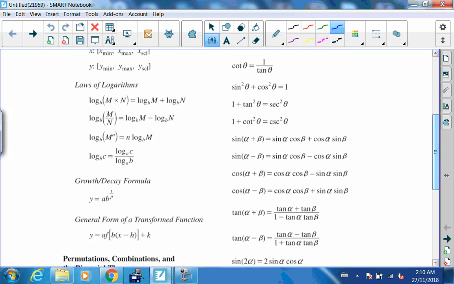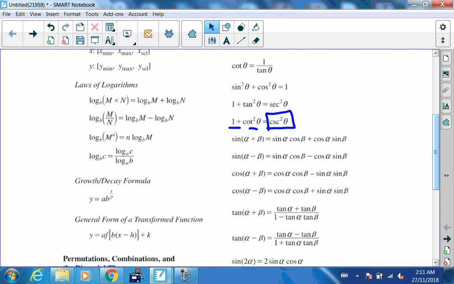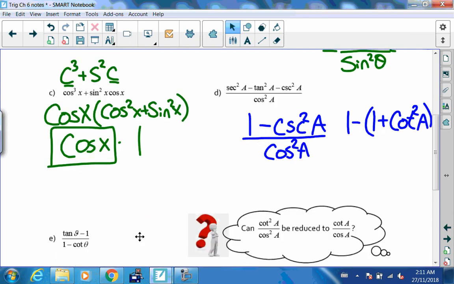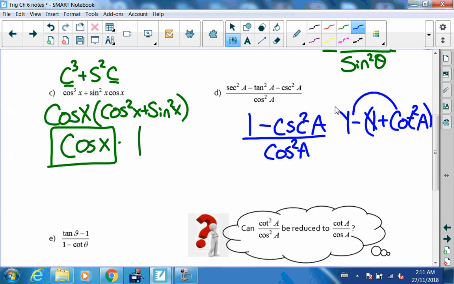So again, I took this cosecant squared and I turned it into 1 plus cotan squared. Okay? Back to here. Now this one and this one cancel each other out. This negative is going to distribute in here. So I get negative cotan squared of A, all divided by cos squared of A.